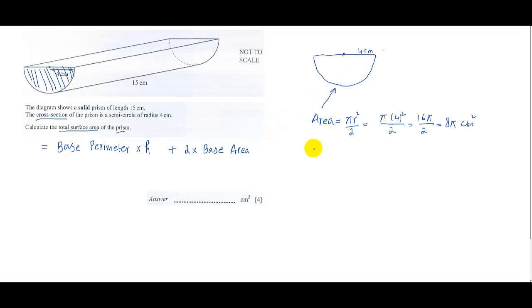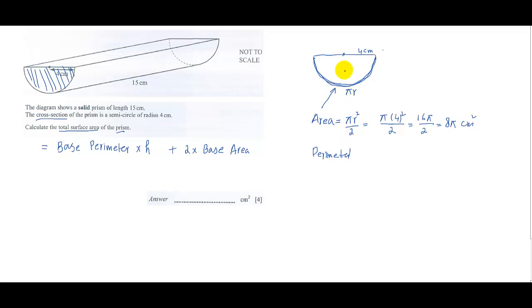This is the area of the cross section of the prism, and this cross section is a semicircle. Now we have to find the perimeter of this. You know that the perimeter of the full circle is called circumference. So the length of this curve is half of the circumference. The full circumference is 2 pi r, and 2 pi r divided by 2 is pi r.